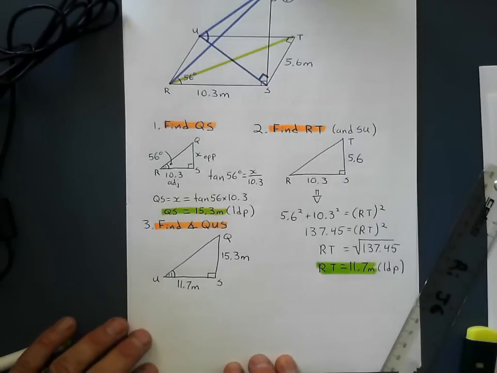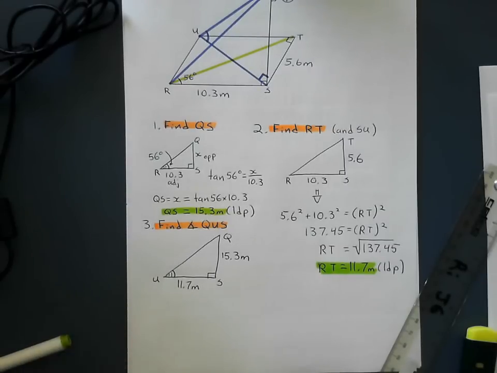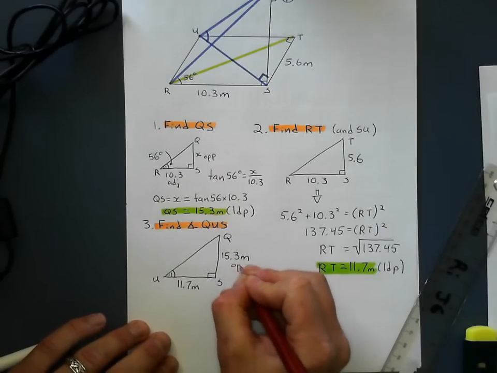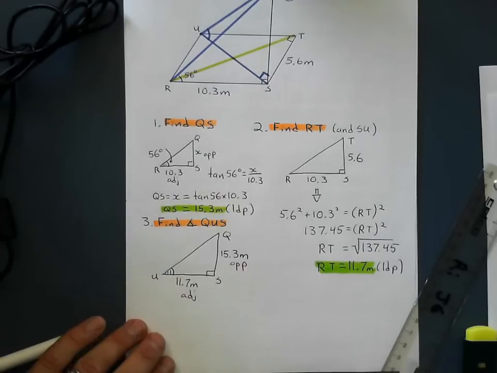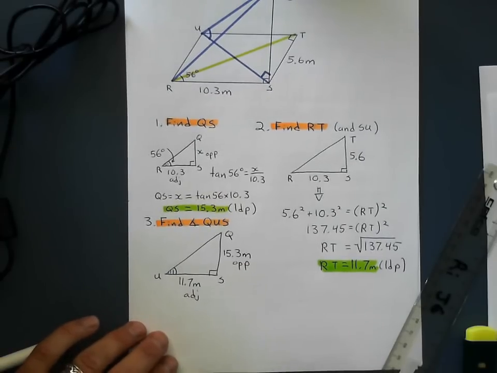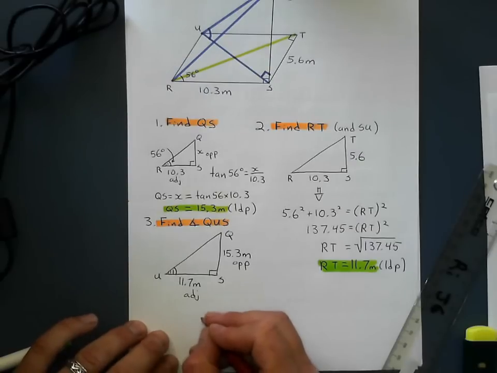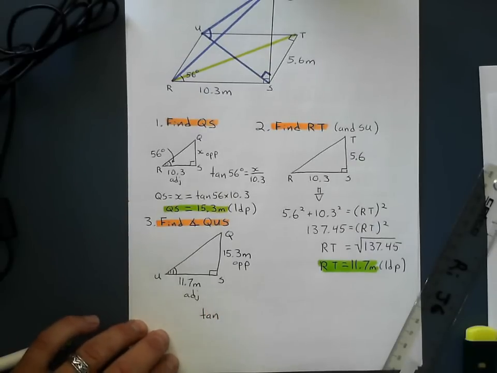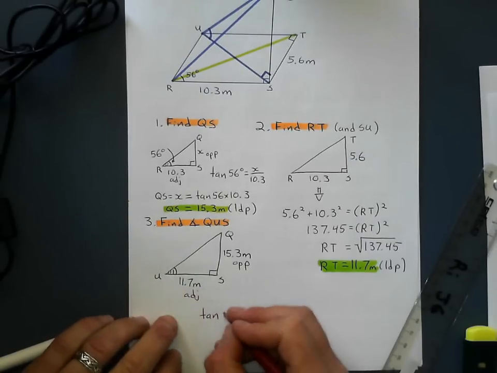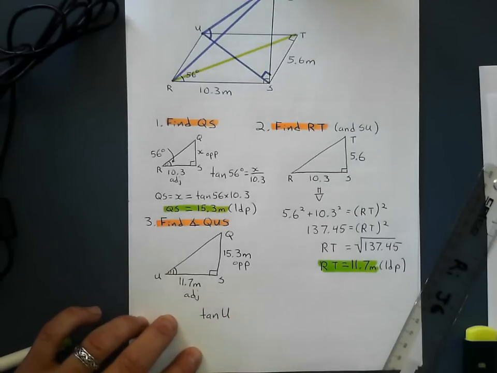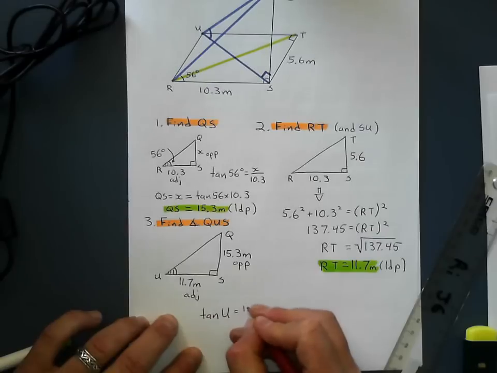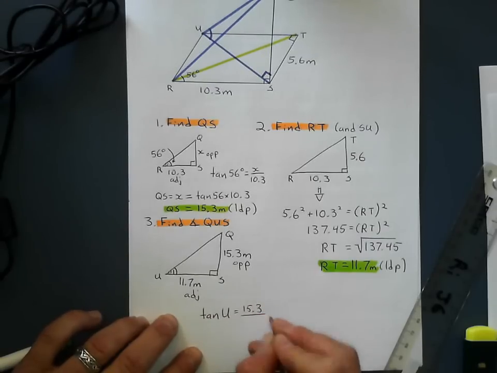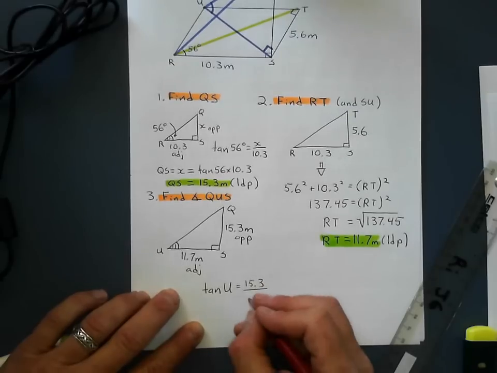I'm finding an angle. It's trigonometry. That's Mr. Opposite. That's Mr. Adjacent. It's tangent again. The tangent of that angle, I'm just going to call it angle U for now, because in my drawing that's fine, equals opposite over adjacent.